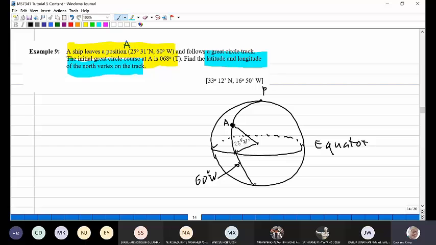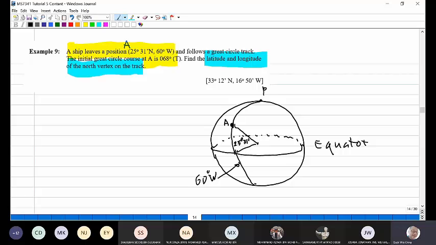Okay, I hope you can see that, because I think the marker is very fine. So we get 25°, 31 minutes. So this is the point A.